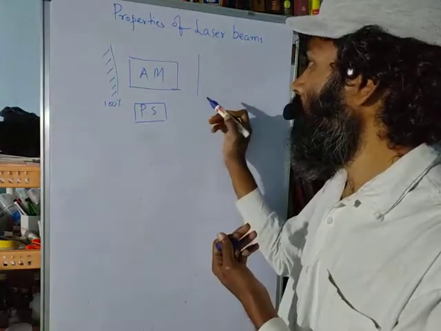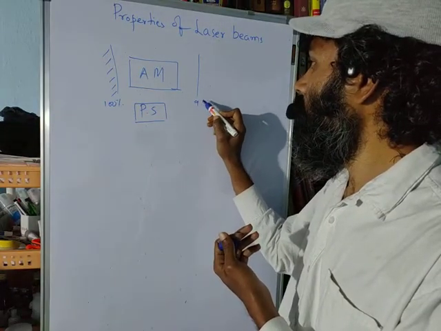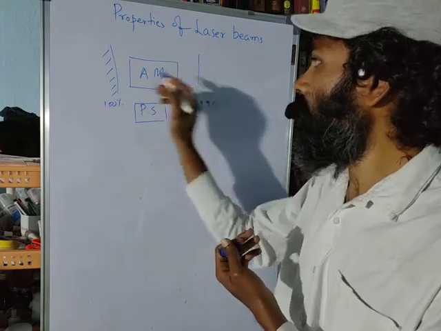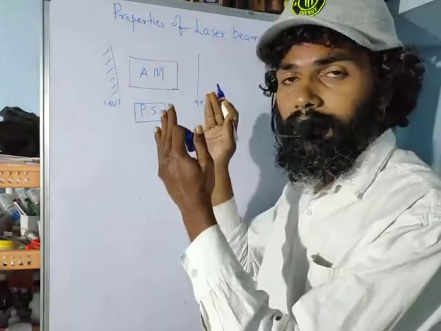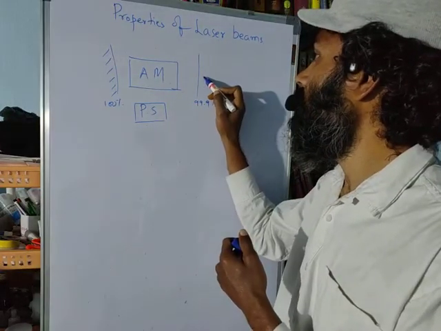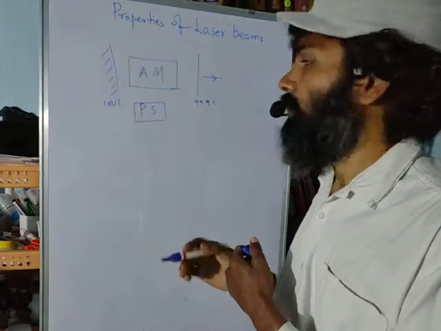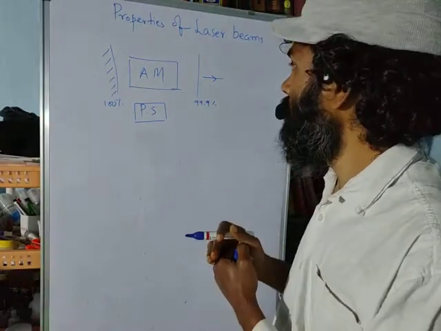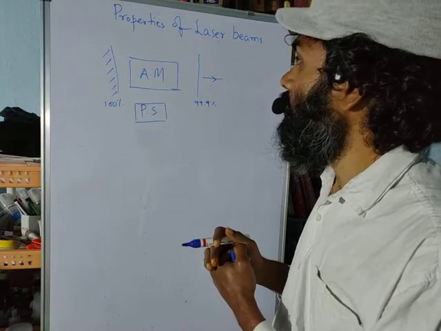That means a part of the light which is oscillating inside this laser cavity leaks through the right-hand side of the laser. So these are the important parts.